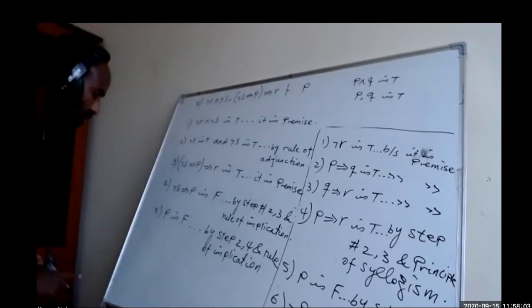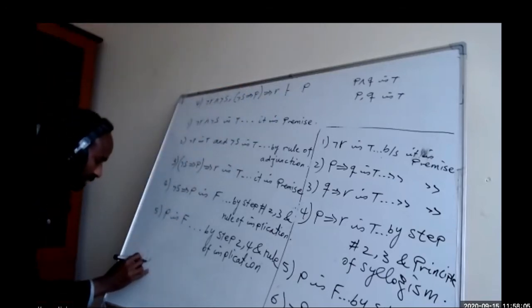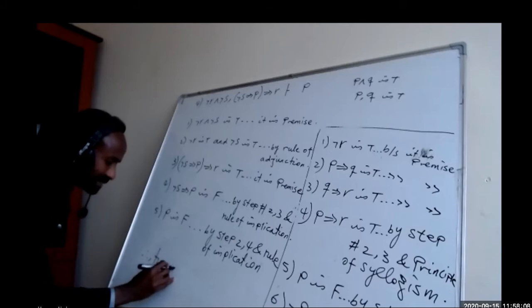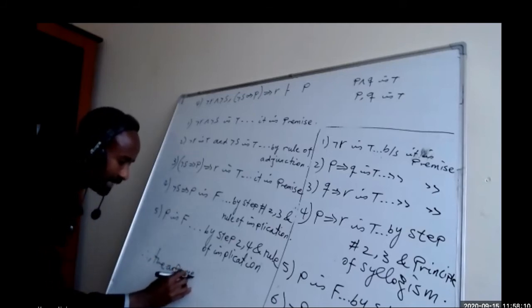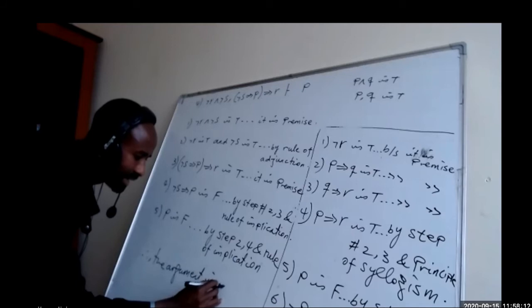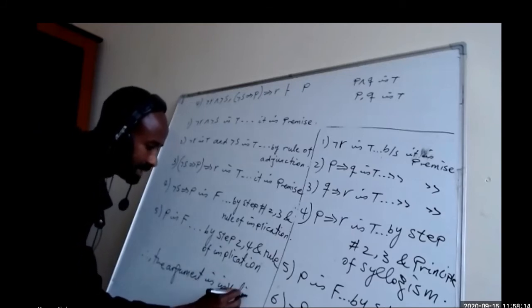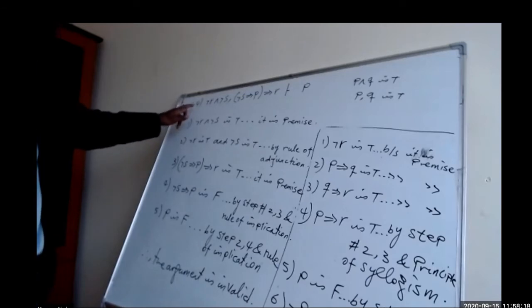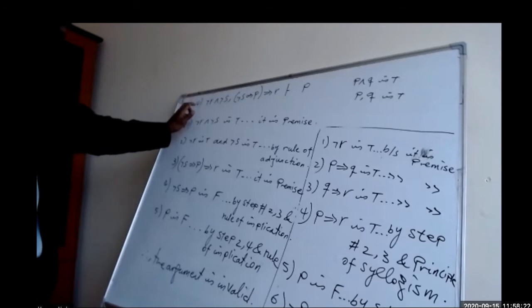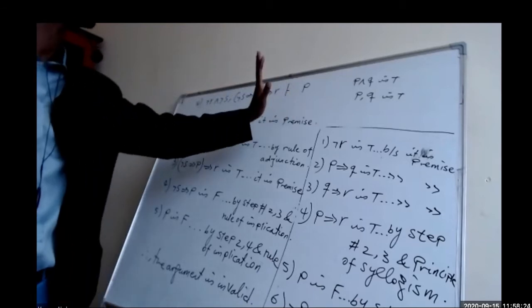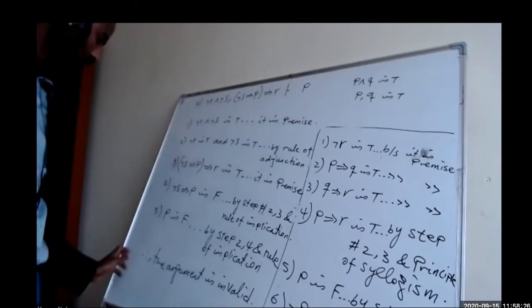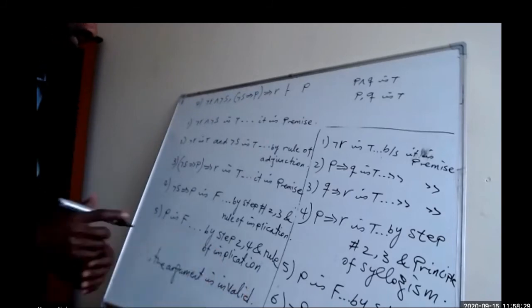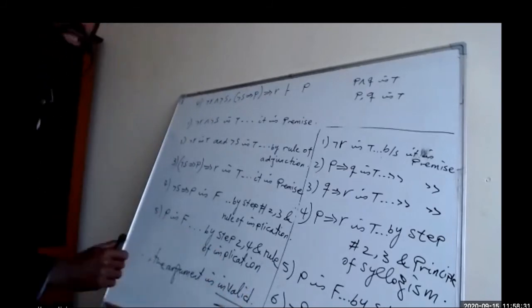If P is false, the argument is invalid. The argument is invalid. So please make example number 4's conclusion without negation. That's why the argument will be invalid.